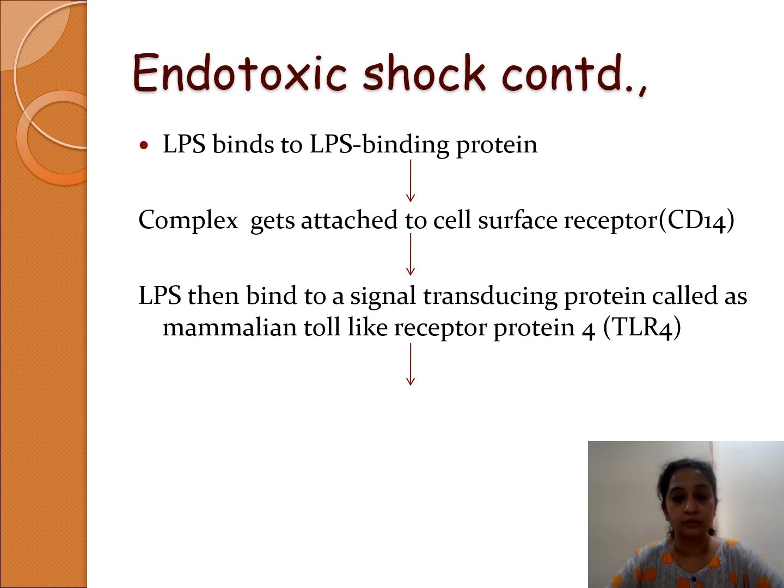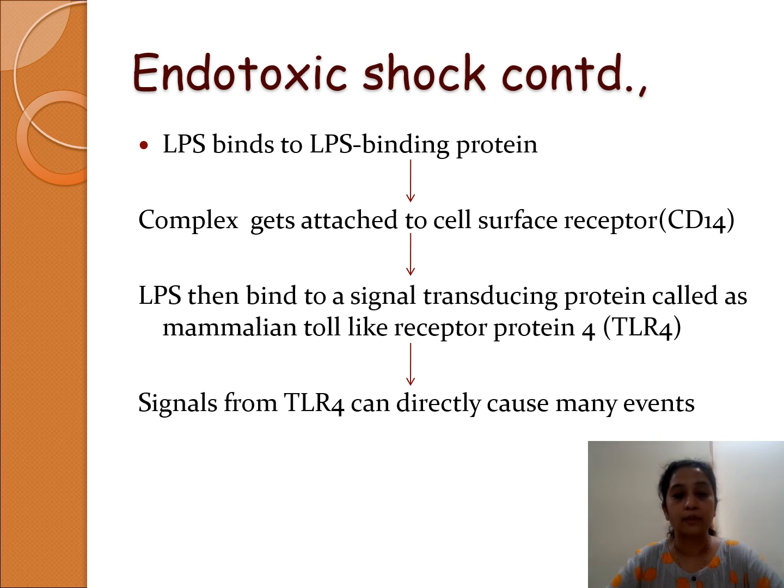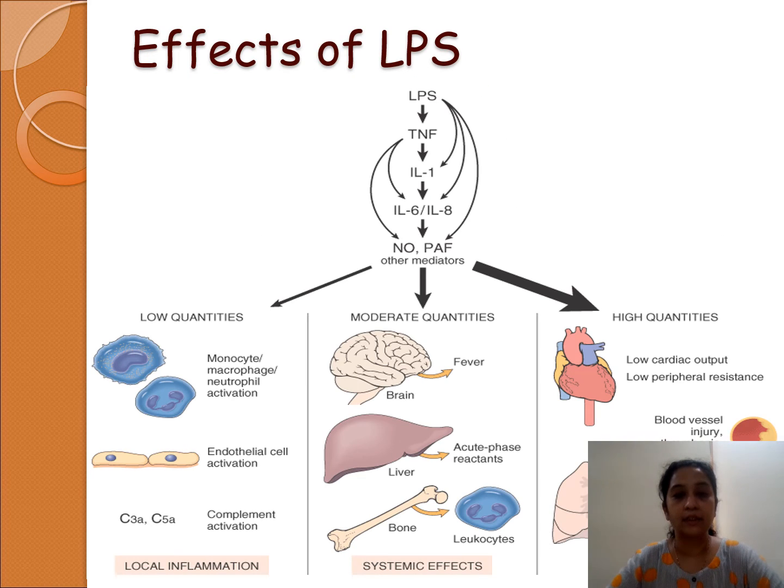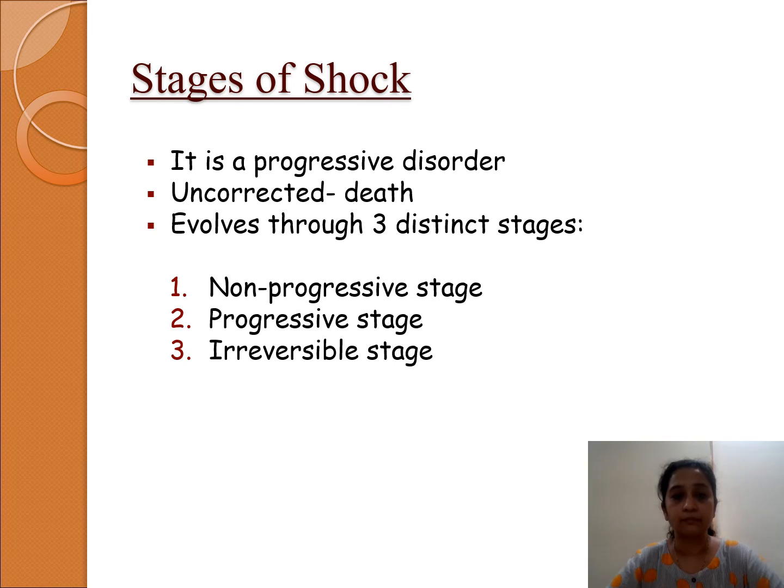This causes a signal transducing protein called TLR4, and signals will be generated from this, and it causes many events like local inflammation, systemic effects, as well as in cases where there are high quantities, it will cause damage to the vital organs like heart and brain. So now coming to the stages of shock.